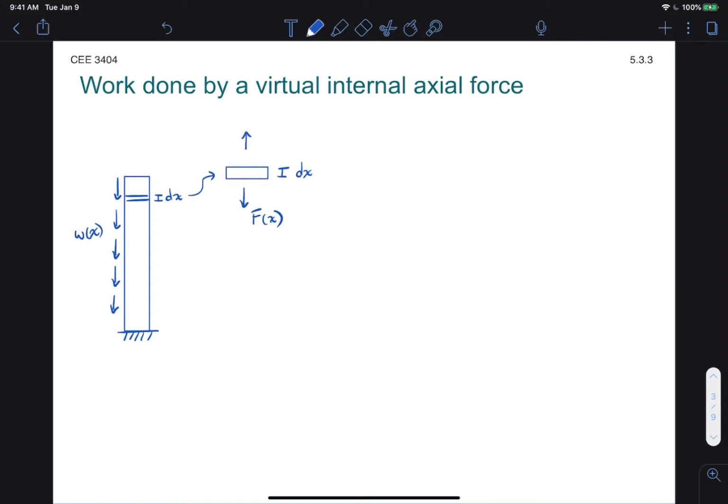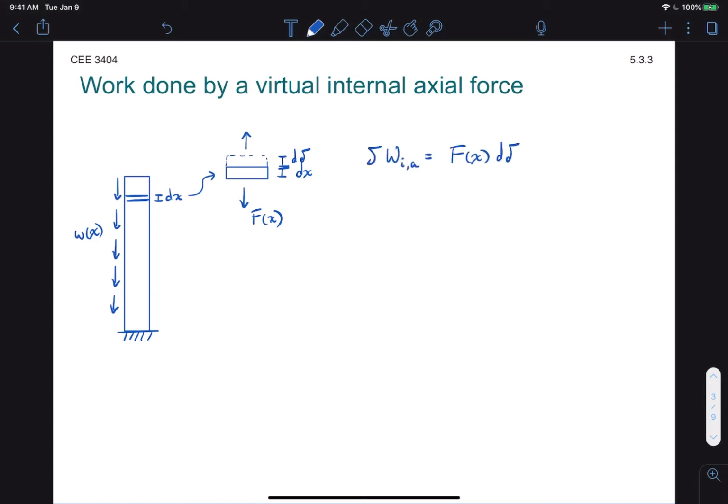So the internal axial force in this segment I'm calling f of x, and I'm going to assume that for any small segment that's going to be constant. And that's going to cause the segment to deform by a value d delta. So in a very similar fashion that we established the infinitesimal work for moments, we can establish it for axial forces as well.